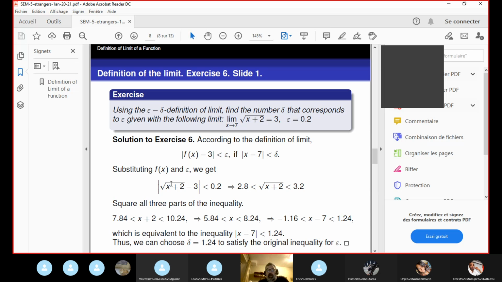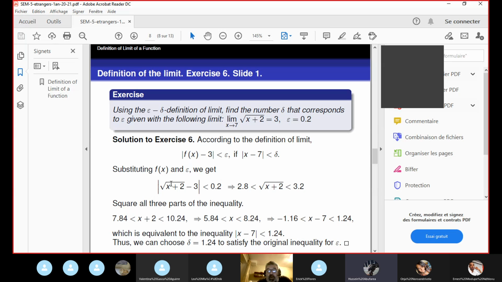And finally, we want to find delta corresponding to this epsilon. So I want to consider the difference between x and 7 because x goes to 7. So we have that x minus 7 is between minus 1.24 and 1.16. Agree?